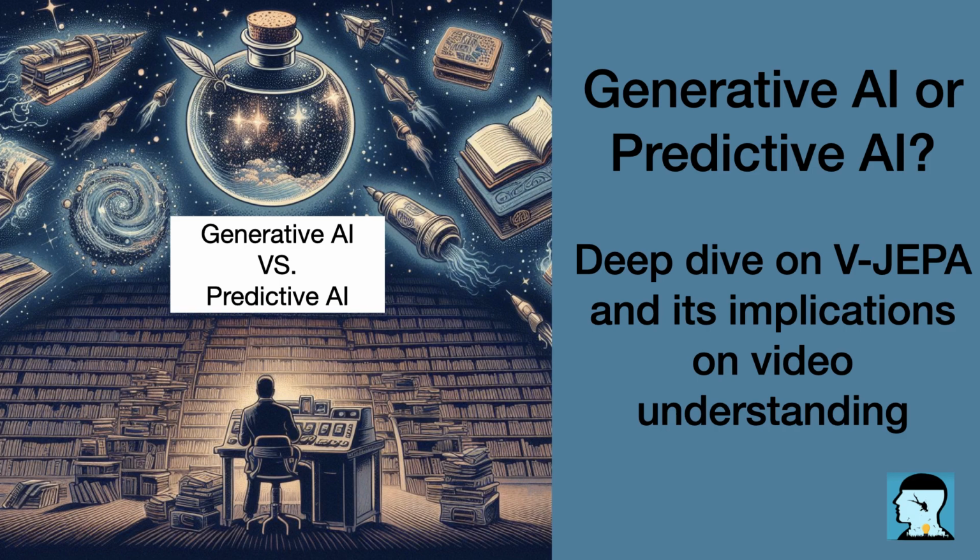Imagine a video clip as a sequence of frames, like a flipbook. Each frame is made up of tiny squares called patches, similar to the pixels in an image. V-JEPA uses JEPA to predict the missing patches in a video clip. Here's how JEPA works within V-JEPA. 1. Masking the video.